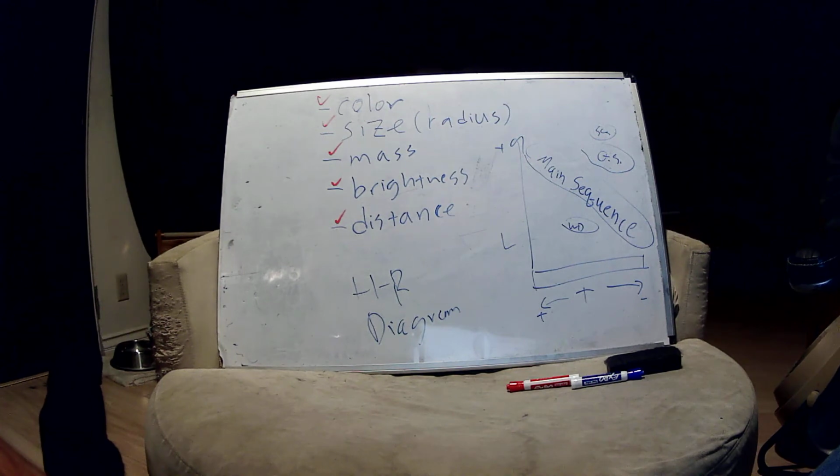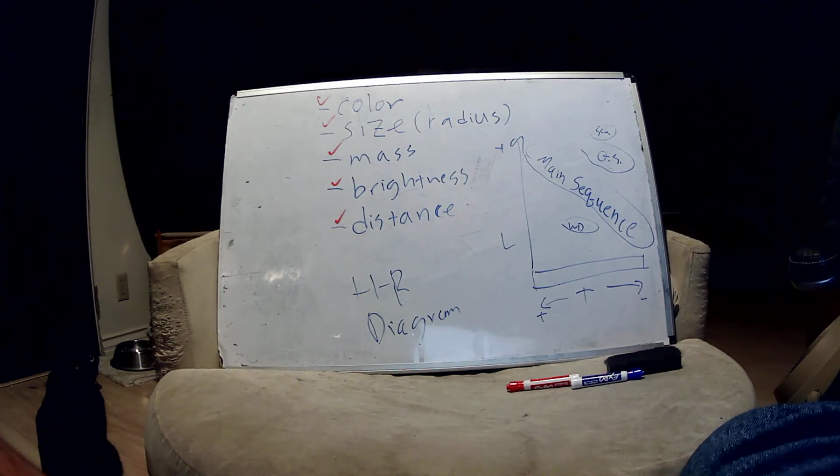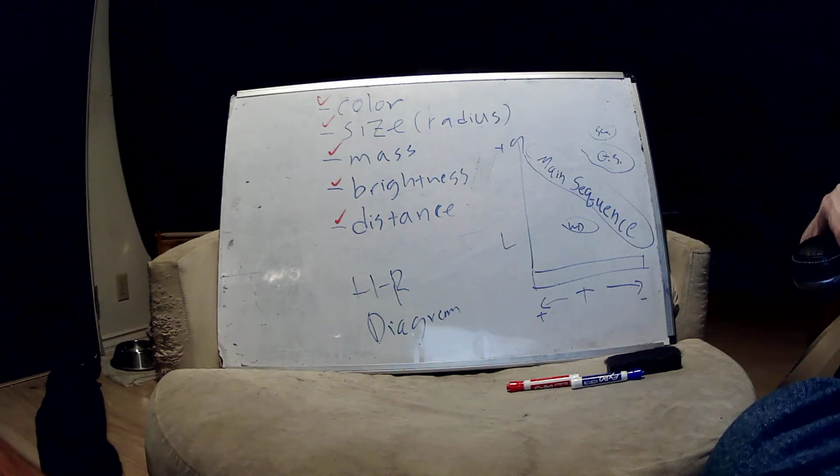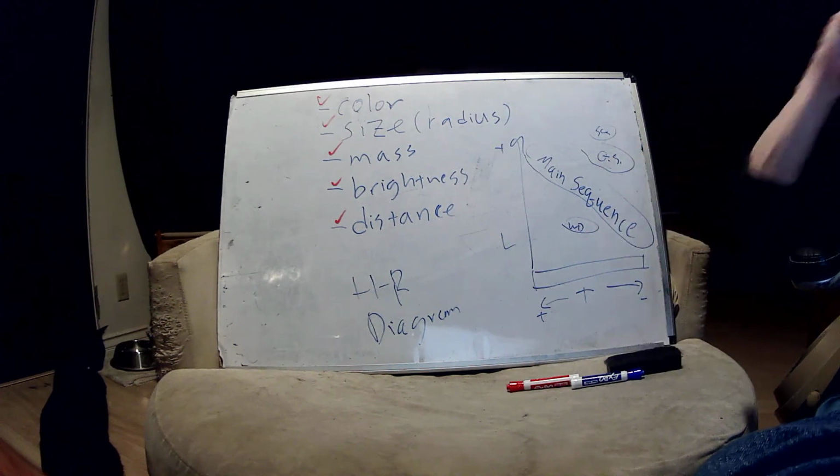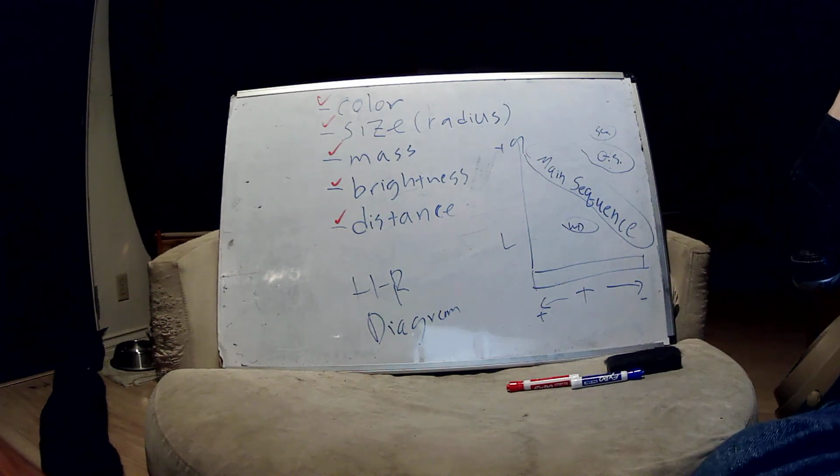Now, obviously that means that not every star lives on the main sequence also, right? We have white dwarfs, and we have giants and supergiant stars.